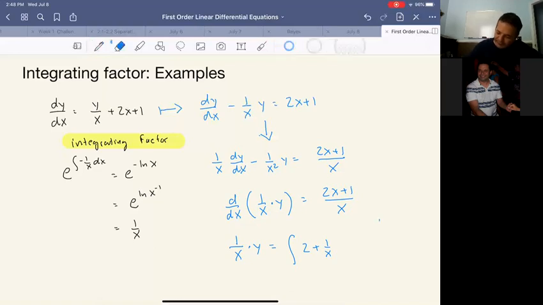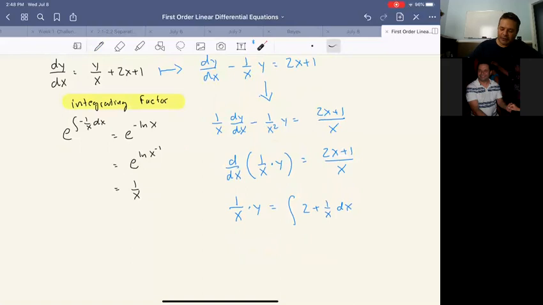Sorry about that, my pencil stopped writing. 2 plus 1 over x dx. All I did here was, remember, I canceled here, so 2x over x, and then plus 1 over x. So on this side, 1 over x times y equals 2x plus natural log of x plus a constant.